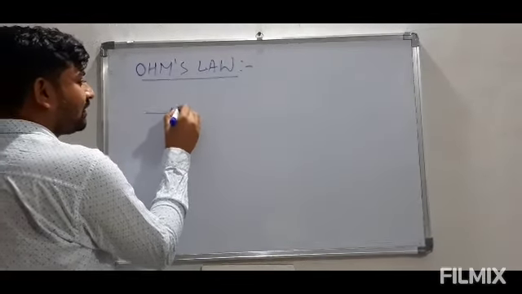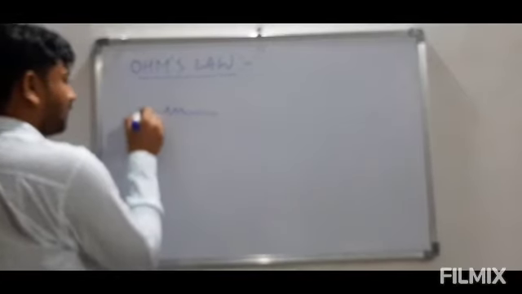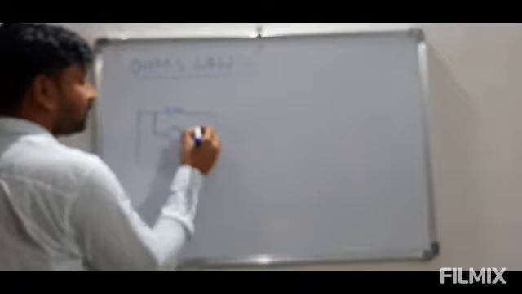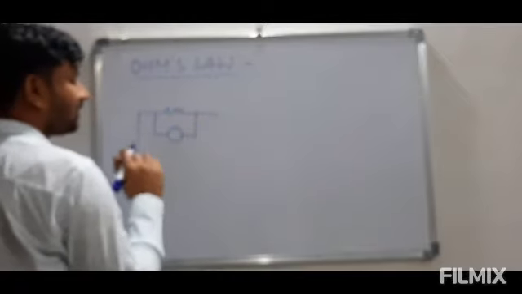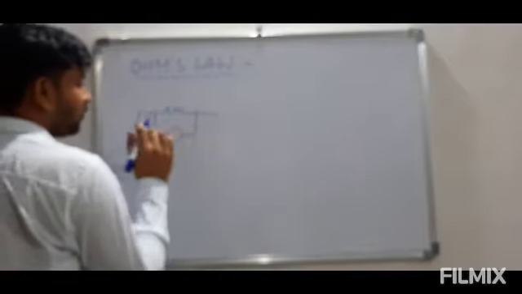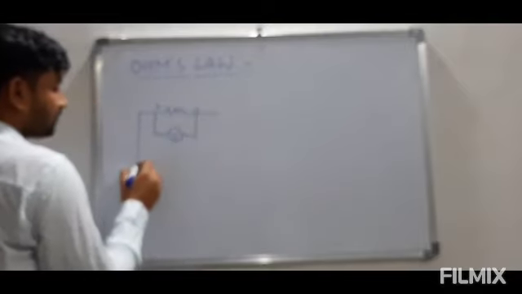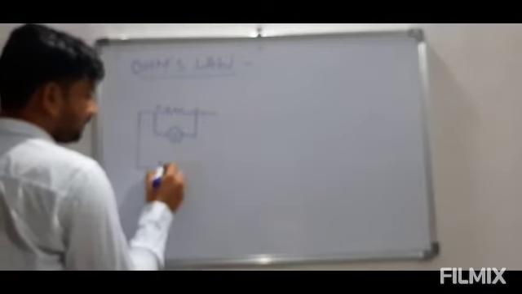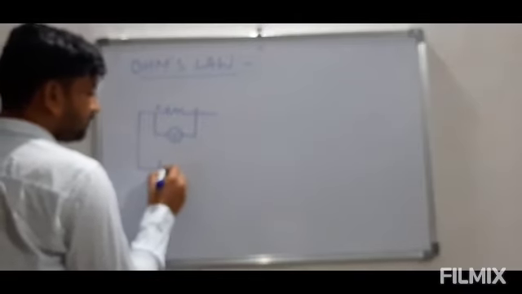So let us take one resistance. Let us connect one voltmeter to measure the potential difference across this resistance. I am taking certain cells in between.